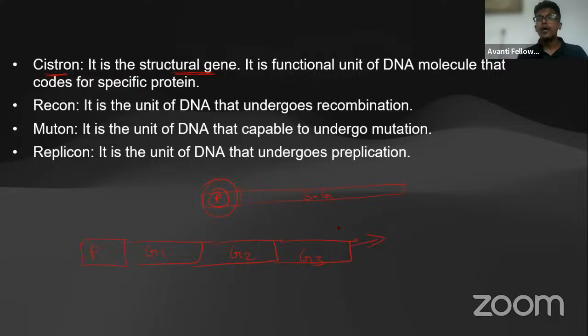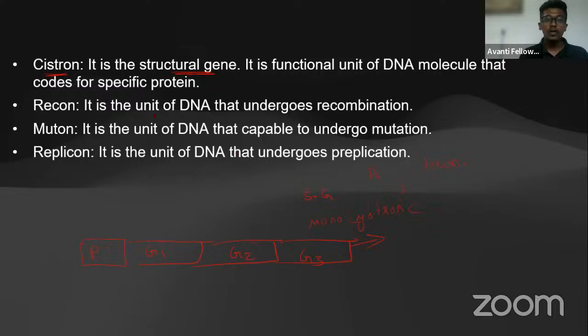Now, if I have one promoter controlling several genes, it is called monocistronic. And if I have one promoter, one gene, that is called polycistronic. So something like this. You get my point. So that is called a cistron.